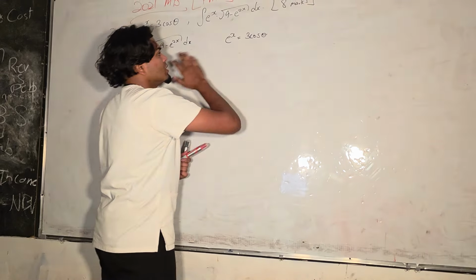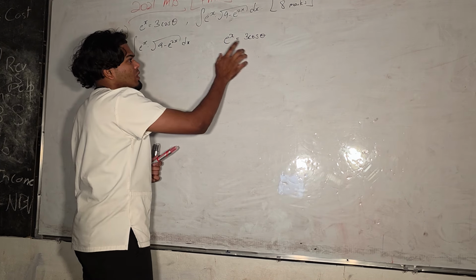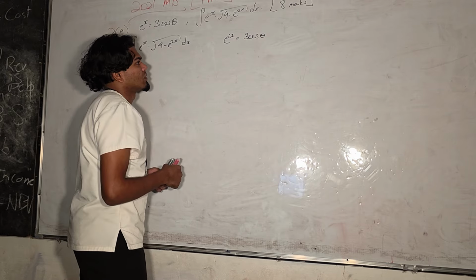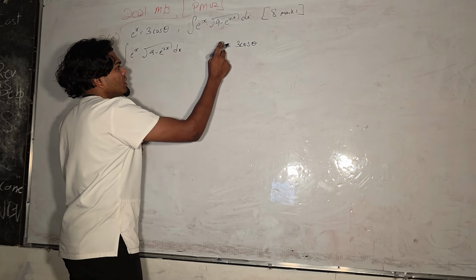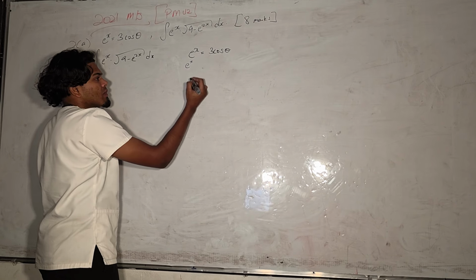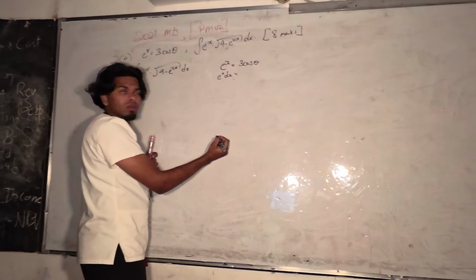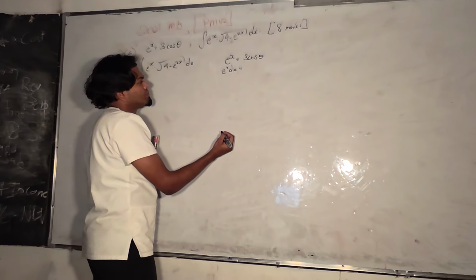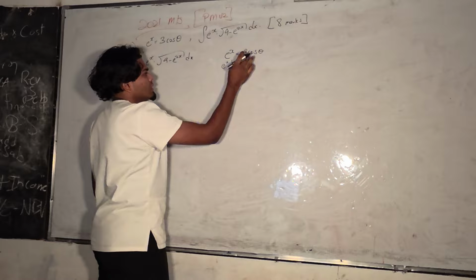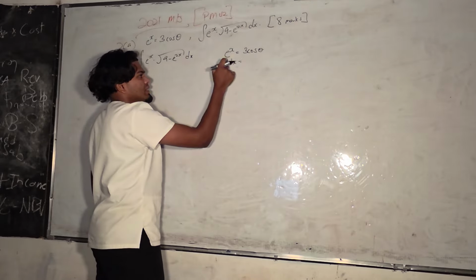You can't just take dx on both sides, that makes no sense because this will disappear. So you differentiate both sides, left and right. When you differentiate e to the x, you get e to the x dx over d theta.